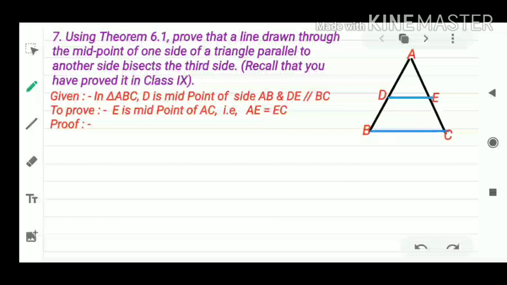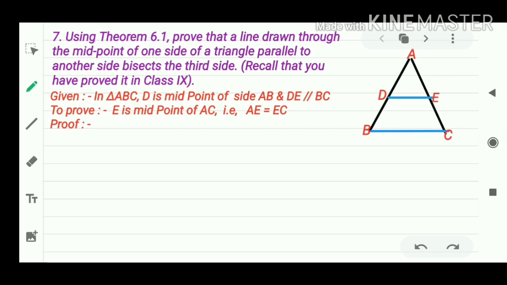So in this figure it is given that in triangle ABC, D is midpoint. So if D is midpoint and DE is parallel to BC, then we have to prove that DE bisects AC, means E is midpoint of AC.